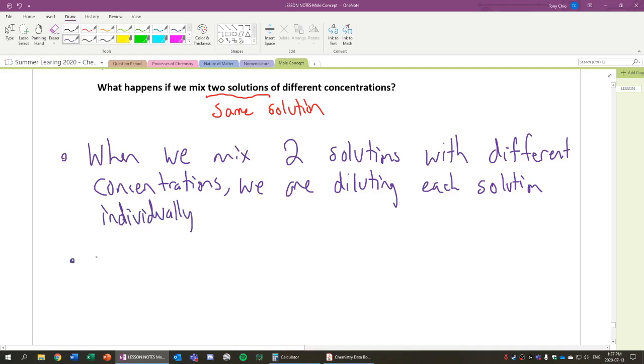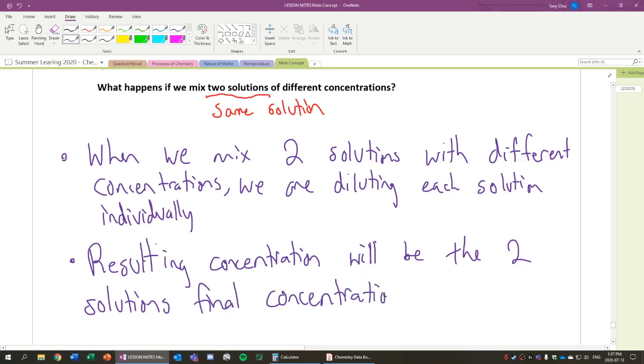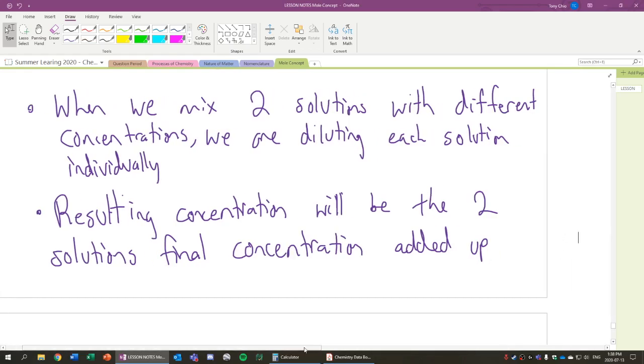But what we do after that is the resulting concentration will be the 2 solutions' final concentrations added up. So what that means is you treat each solution as an individual dilution equation and then you add their final concentrations up. Let's see what that looks like with this example.